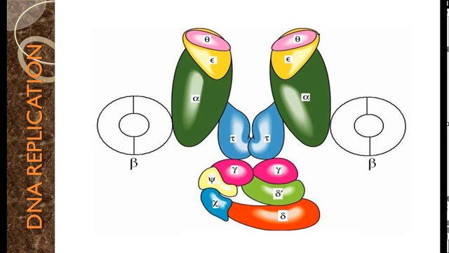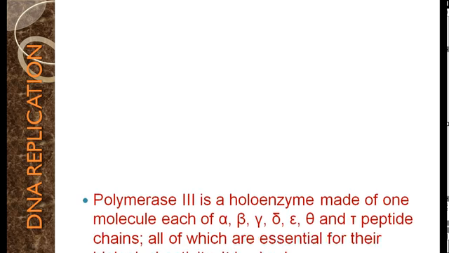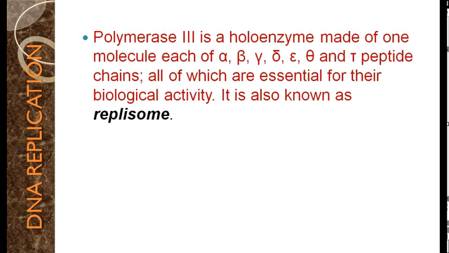This is the structure of DNA polymerase 3. It is a complex structure. Two molecules are attached together. Seven peptides form one unit and another seven peptides form another unit, and these two units are attached together by a connecting peptide.